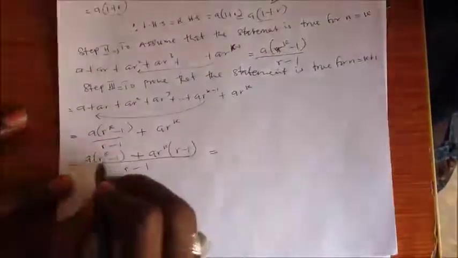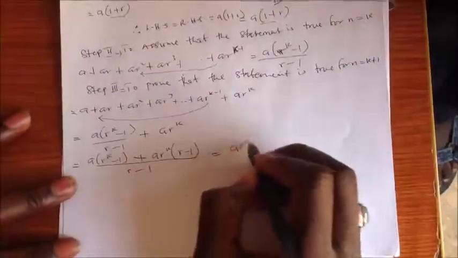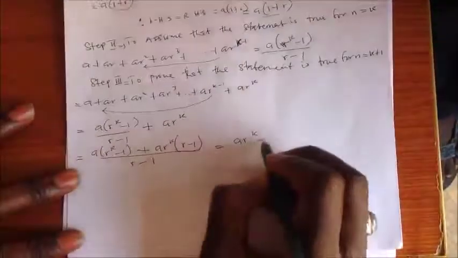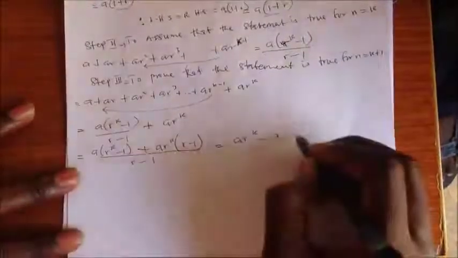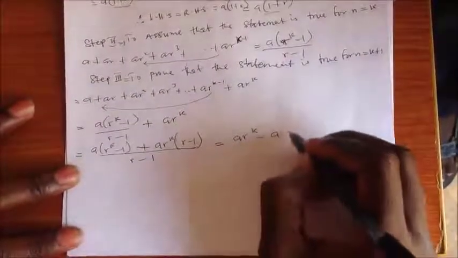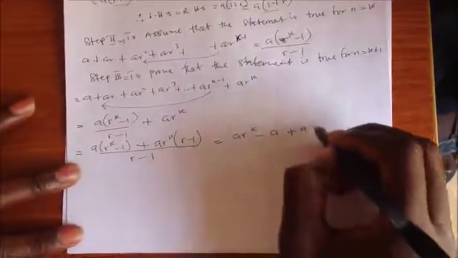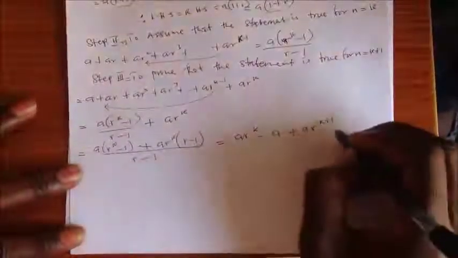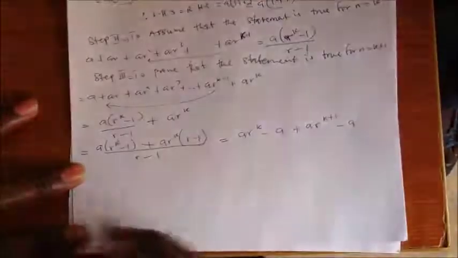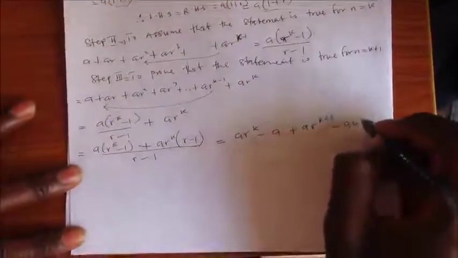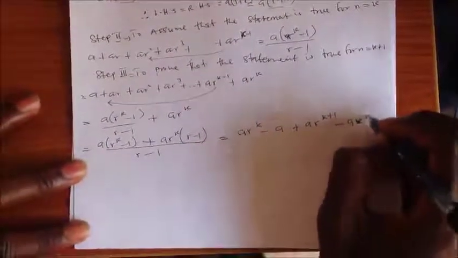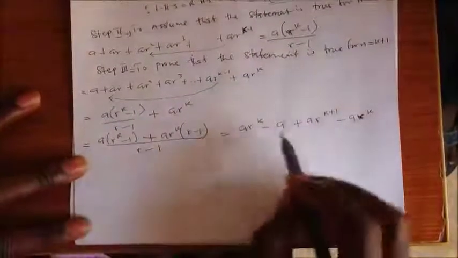Now this time this, you have ar to the power k; this time this is minus a; this time this you have plus ar to the power k plus 1; then this time this you have minus ar to the power k. This is the expansion of this.